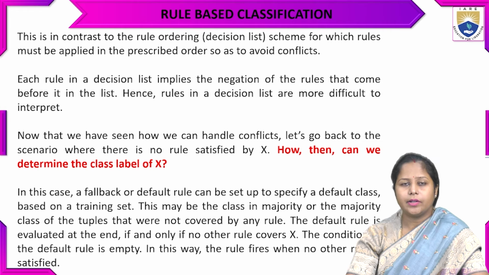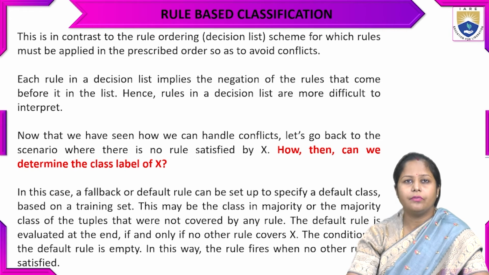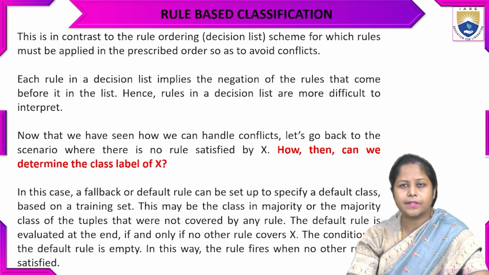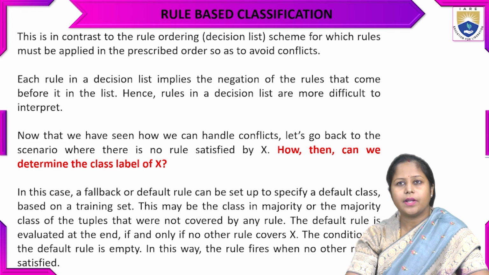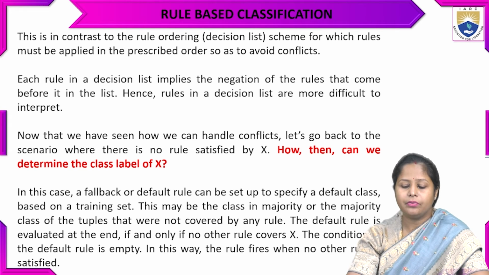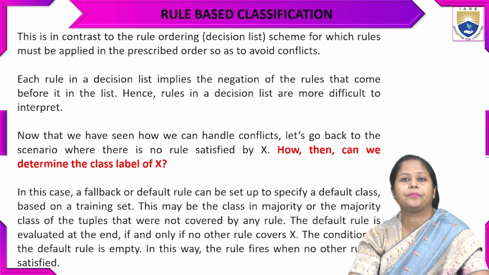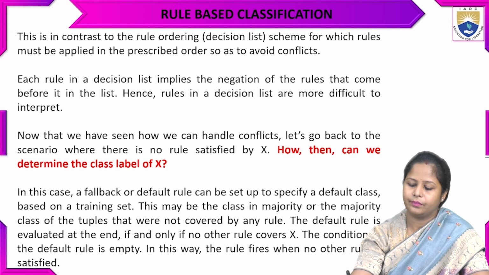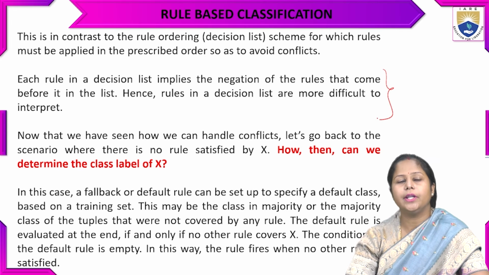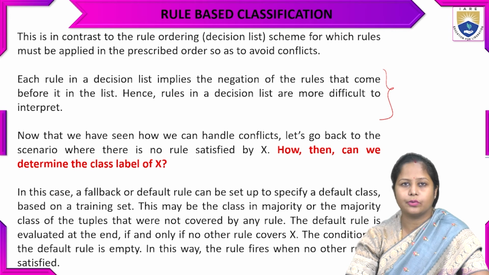This is in contrast to the rule ordering decision list scheme, for which rules must be applied in the prescribed order so as to avoid conflicts. Each rule in a decision list implies the negation of the rules that come before it in the list. Hence, the rules in a decision list are more difficult to interpret also.